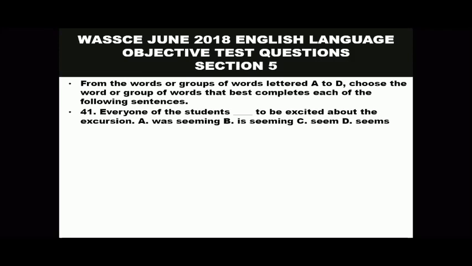Number 41 to 70, because the questions will be from 41 to 70. That is the section 5 you will find in the West African Senior School Certificate Examination of June 2018, the objective test questions. Okay, so now let's begin. Go through the question yourself as it appears on the screen and then answer the question.